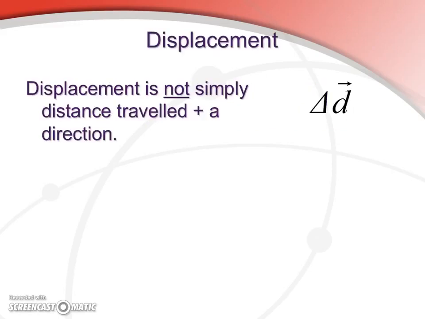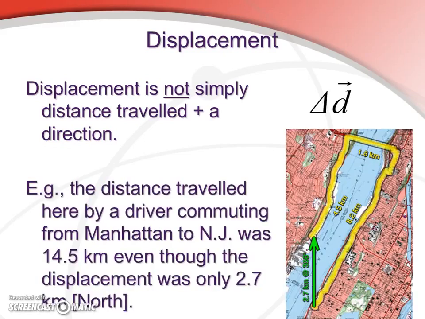So if we want to talk about displacement, it's not simply the distance we travel plus a direction. It's simpler than that in many ways. Okay, so here's a classic example. The commuter followed the yellow path going home from Manhattan, moved along the river for 8.2 kilometers till he got to the bridge, took the bridge across 1.8 kilometers, and then drove back along the river to get to his home, 4.5 kilometers.